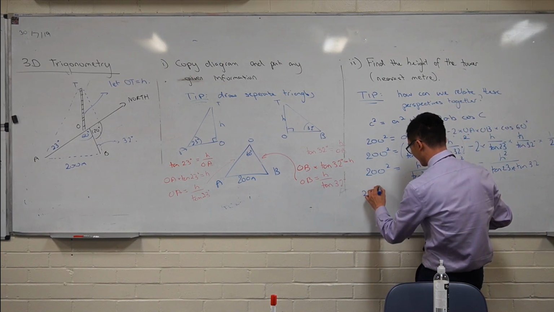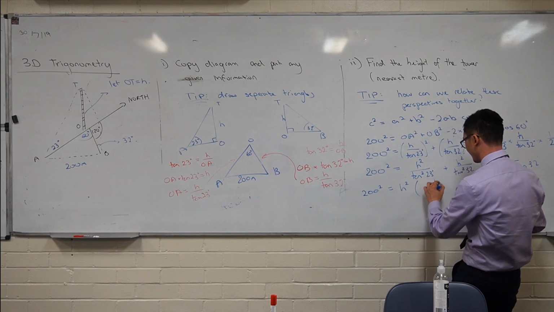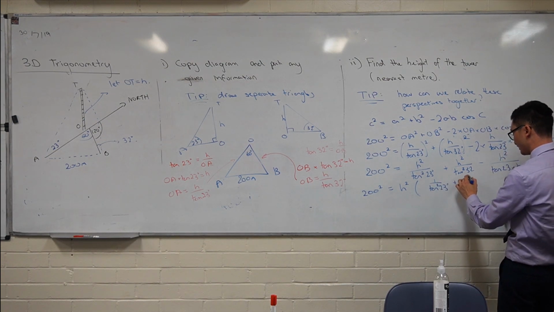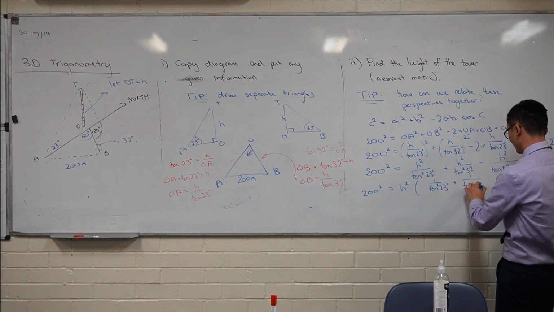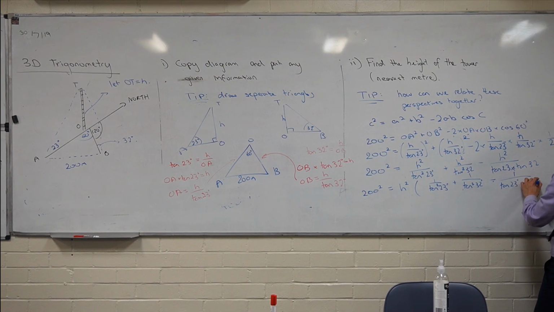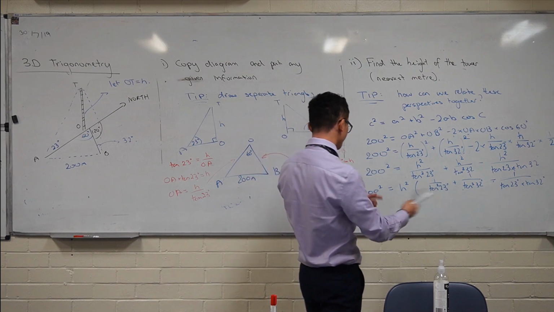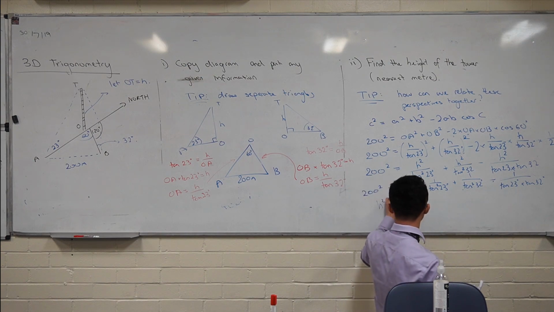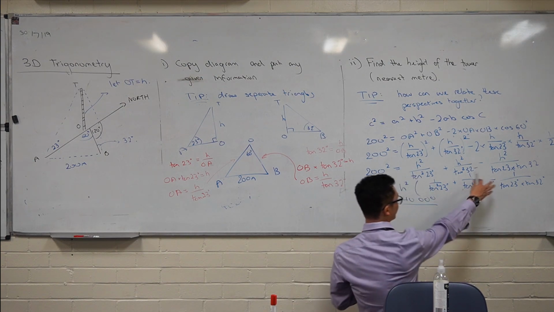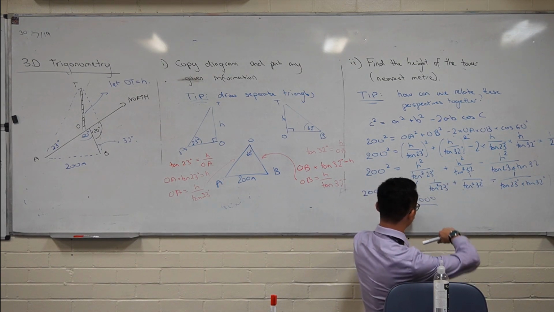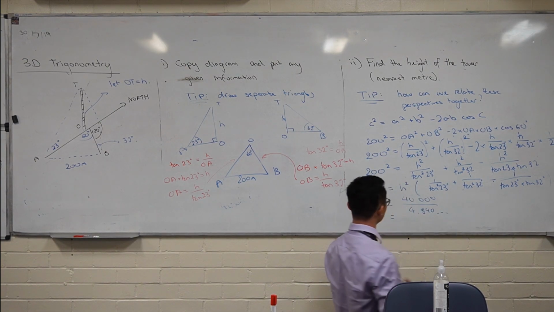I want 200 squared equal to H squared outside of 1 on tan squared 23 plus 1 on tan squared 32 minus 1 on tan 23 times tan 32. With a bit of rearranging, H squared is equal to 40,000 divided by this whole side. This ends up being about 4.340.